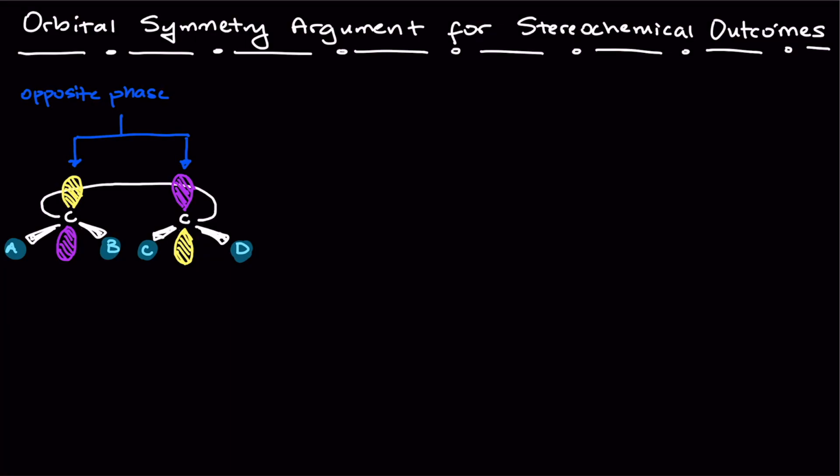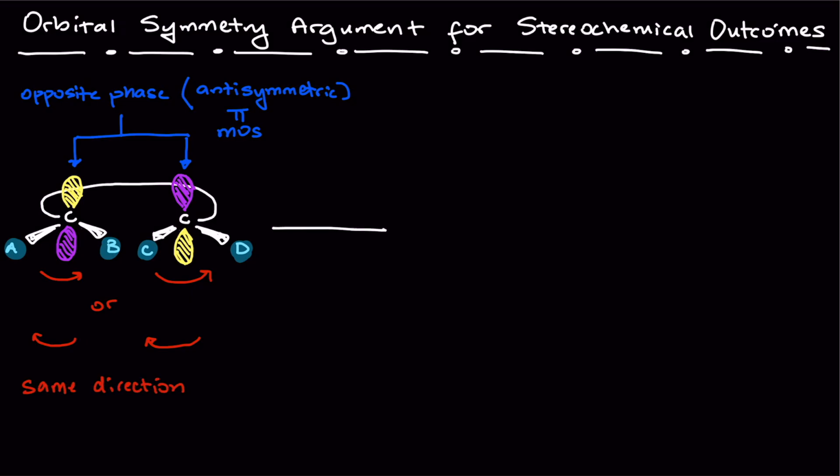So thinking about how these two orbitals are going to have to twist in order to form a sigma overlap, we would imagine that both orbitals have to rotate in the same direction, whether both clockwise or both counterclockwise, in order to actually achieve a sigma overlap. As a result, we call this a conrotatory rotation.